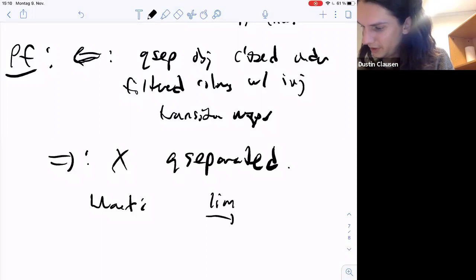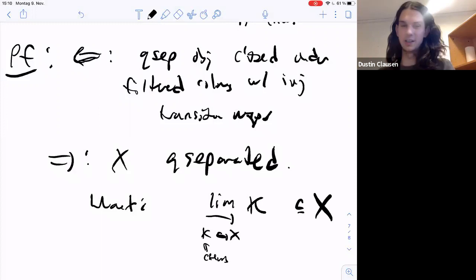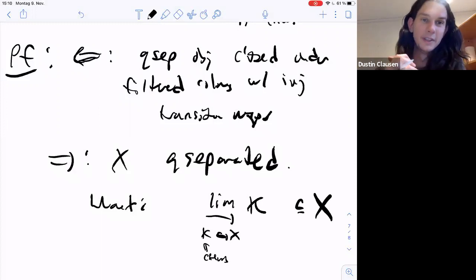Really, it's a filtered union over all compact Hausdorff spaces mapping via an inclusion to X. So this is going to be a sub-object of X because, by general topos stuff, an arbitrary union of sub-objects is still a sub-object. It's not a priori clear that this is filtered, but you will prove it anyways.